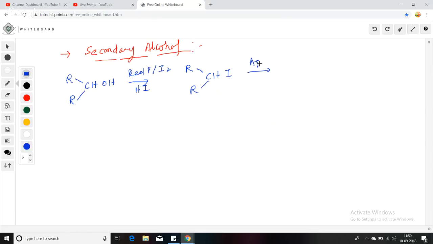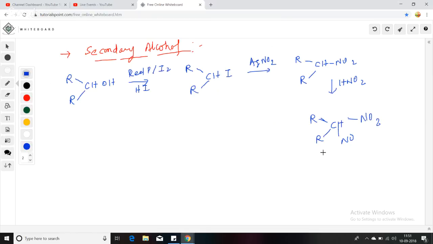After this, we use AgNO2. So AgI forms and we get the nitro compound, NO2 R. Now in this, if we substitute HNO2, H2O comes out and we get NO attached with it. So RCH R NO NO2.